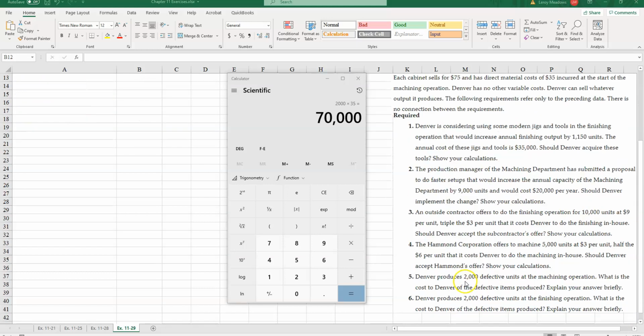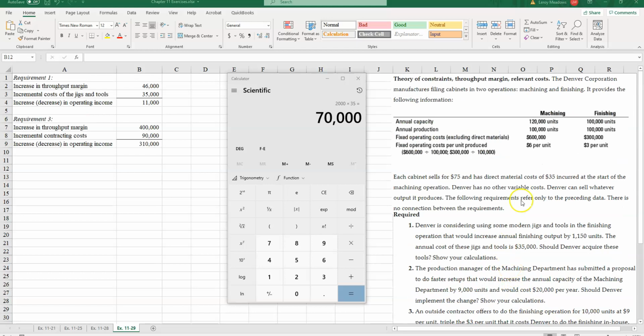No, because even if we have 2,000 defective units, we have the capacity to remake those 2,000 units because our limiting constraint is the finishing department. That's our bottleneck operation. So as long as I have additional capacity to make those units, the only loss is going to be the cost actually poured into making the defective products.